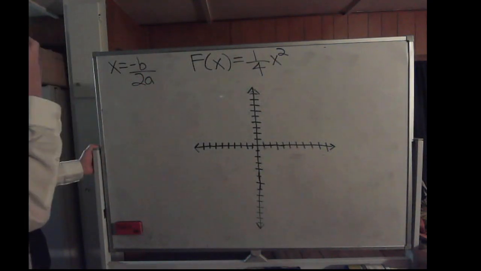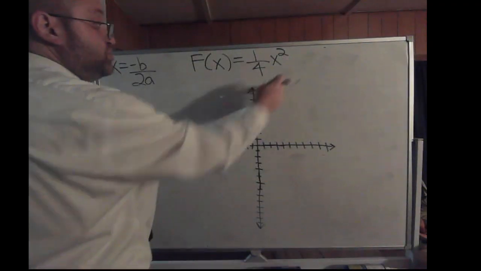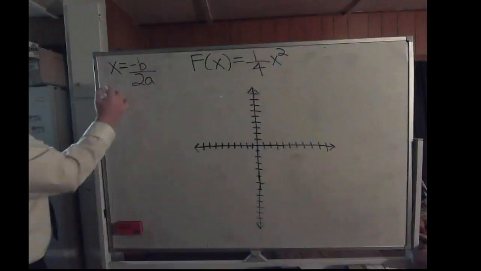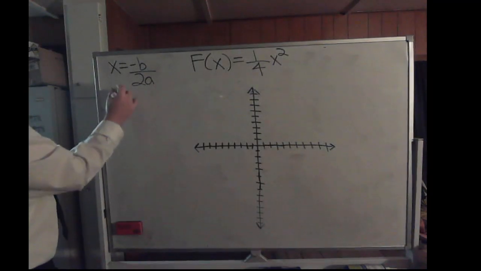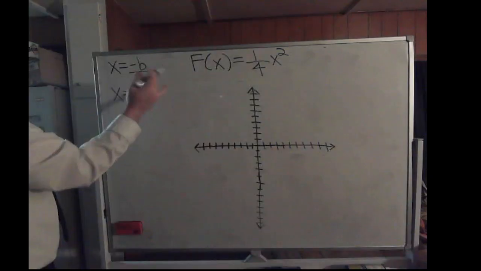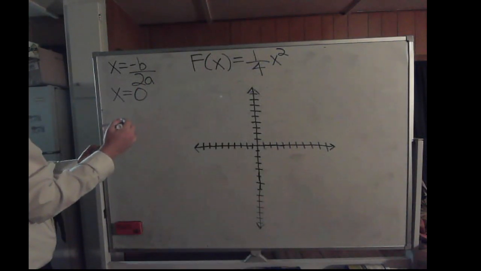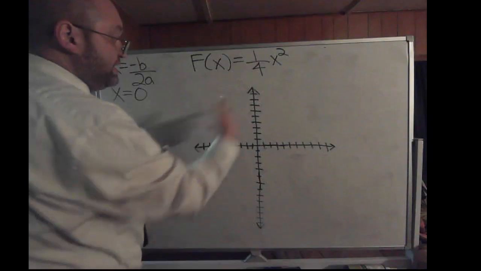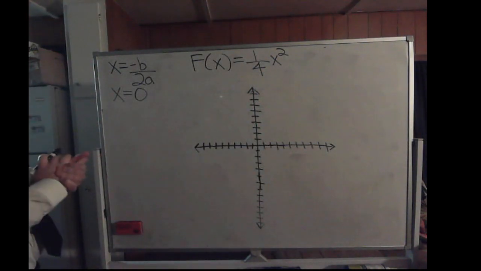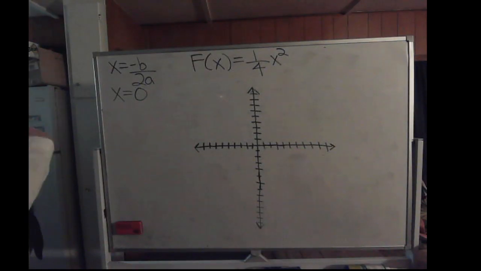Well, your coefficient for the b term is 0 because you have no x to the first term. So we know right away that anything over 2a, if a is not equal to 0, x would equal 0. Which also means that your line of symmetry is x equals 0, so that'll be the entire y-axis. So the x-coordinate of the vertex is at 0.